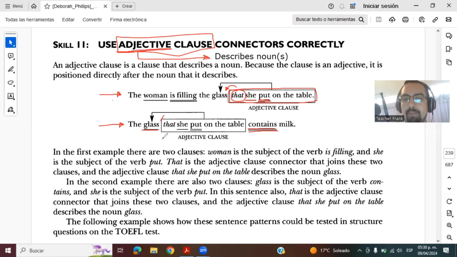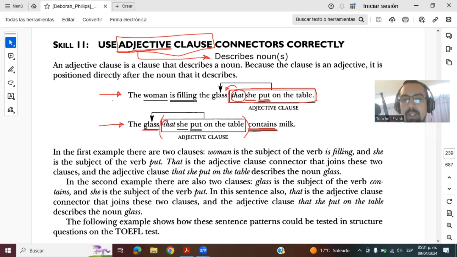This in between, that she put on the table, is extra, right? That's the adjective clause. The adjective clause is always extra. We can omit it and the sentence still works just fine. The glass contains milk, right? But here I want to describe a little bit more which type of glass it is, be more specific, give characteristics. The glass that she put on the table contains milk.